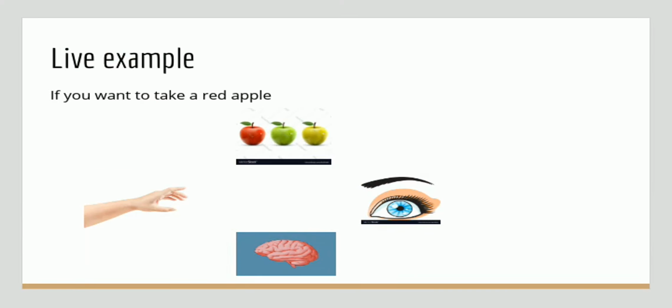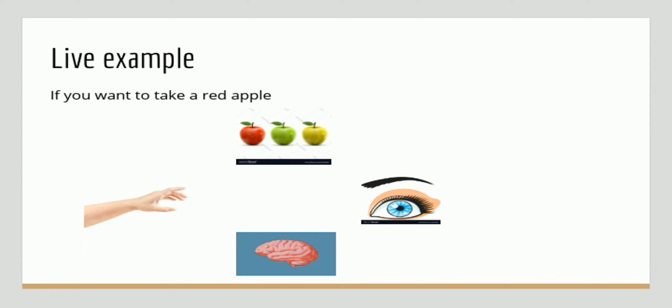Now let's talk about some examples. Imagine there are 3 apples: red, green and yellow. If I want to take the red apple, what will happen? My eye will see those 3 apples and send the data to the brain.